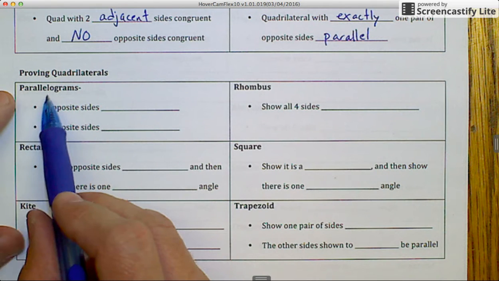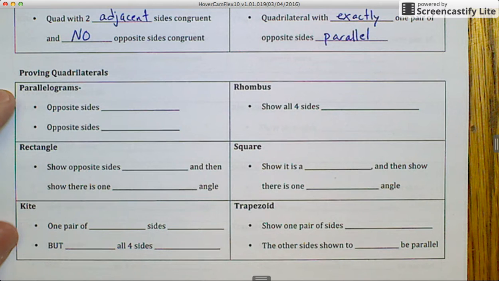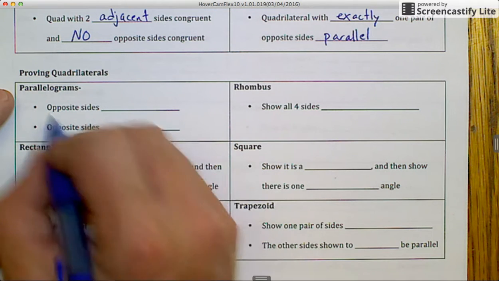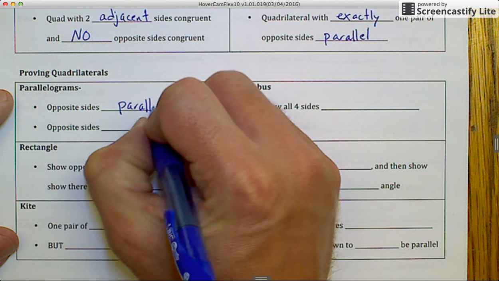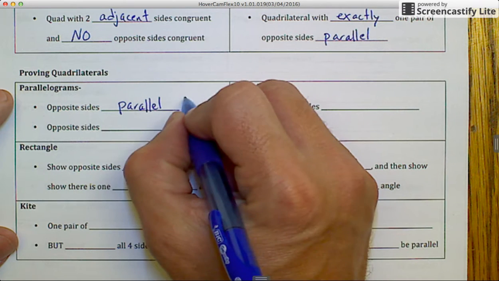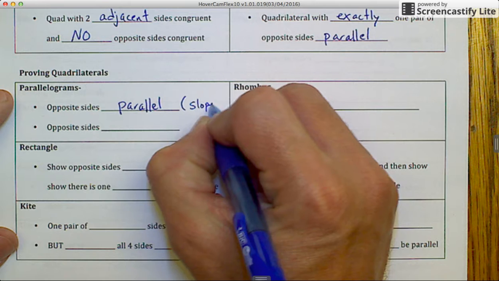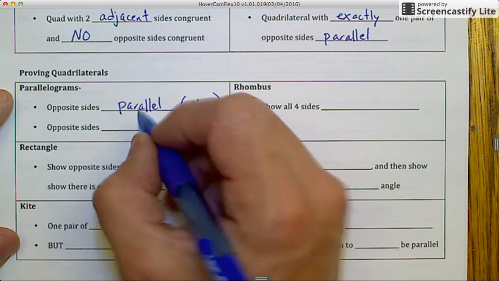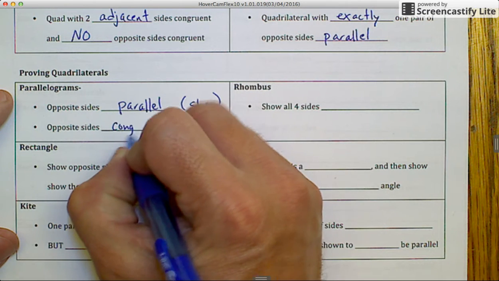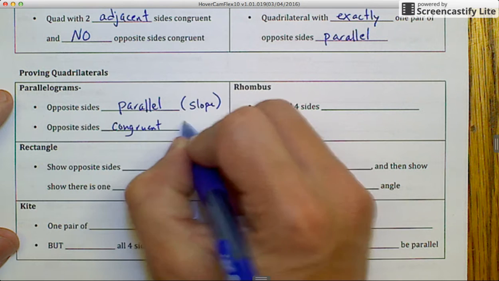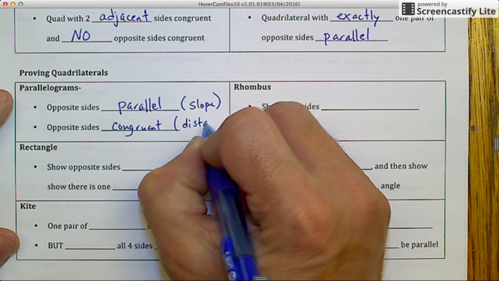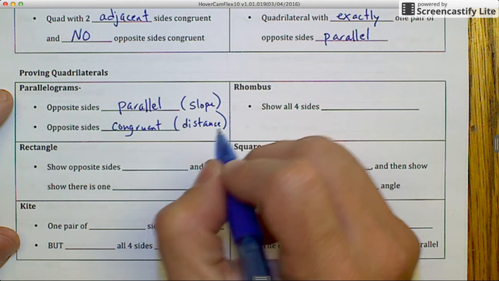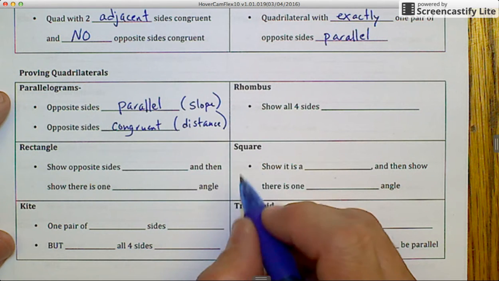So when you're trying to prove that something is a parallelogram, you are going to prove that opposite sides are parallel using slope. You're going to prove that opposite sides are congruent using distance. And again, that could be the distance formula or Pythagorean theorem.